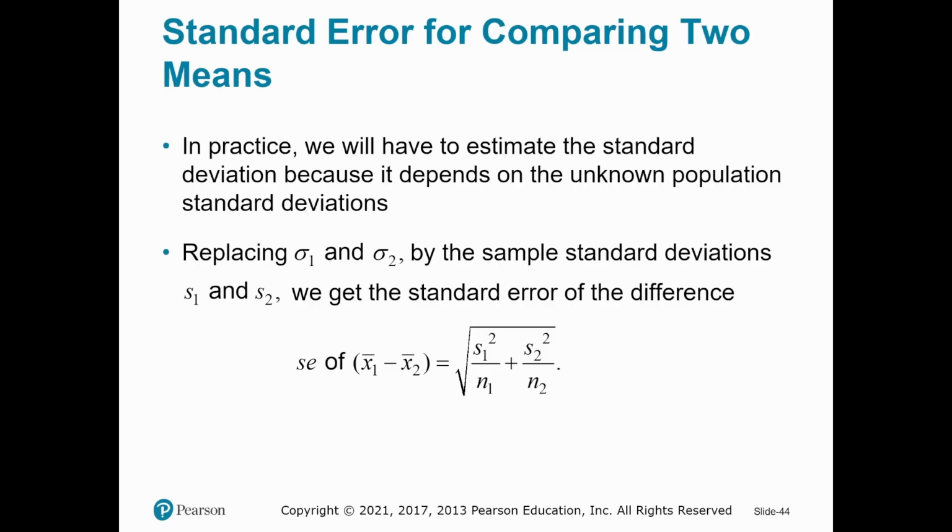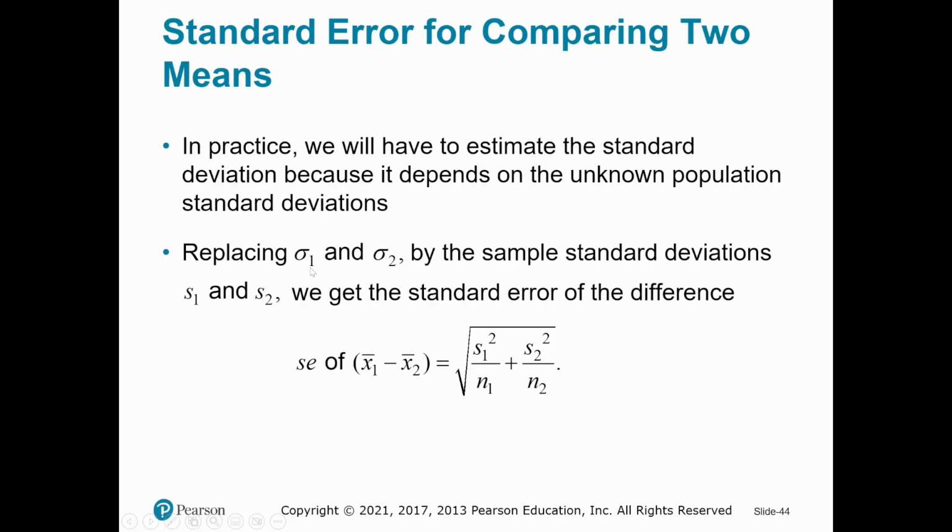Standard error. Now we're going from the concept of standard deviation when the populations are known to the concept of standard error when the standard deviations or variances from each group are unknown but are estimated from the data. In practice, we will have to estimate the standard deviation because it depends on the unknown population standard deviations.